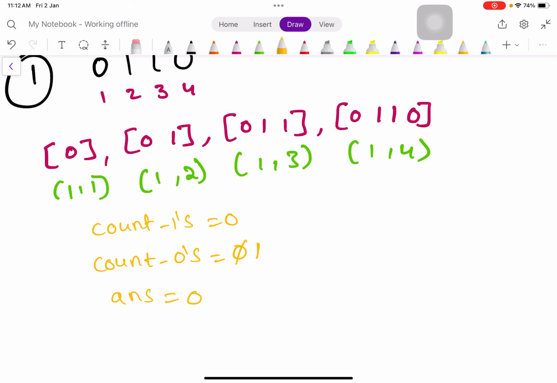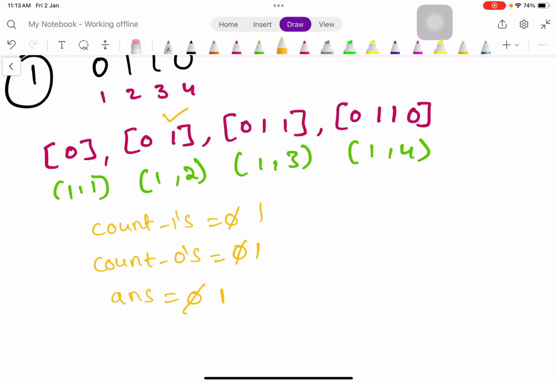If we consider the second prefix, 0 and 1, the count of ones is 1 and the count of zeros is 1. Can we consider this? Yes, because the question states at least as many ones as zeros. That means ones should be greater than or equal to zeros. So we can consider this, and we increment our answer from 0 to 1.